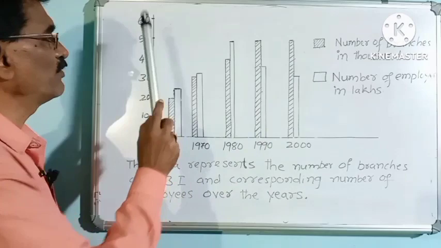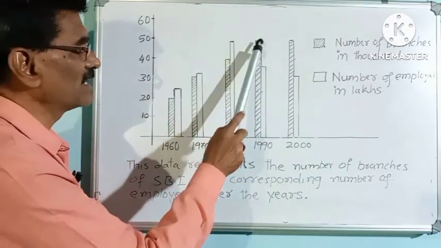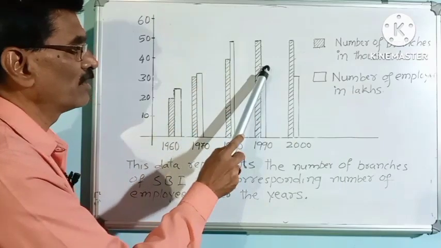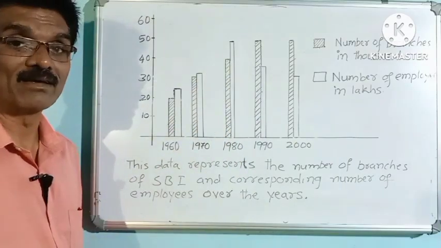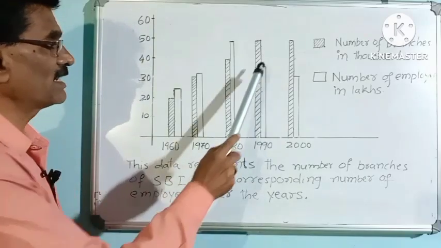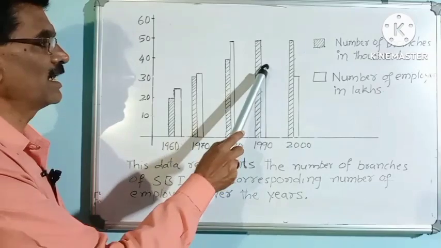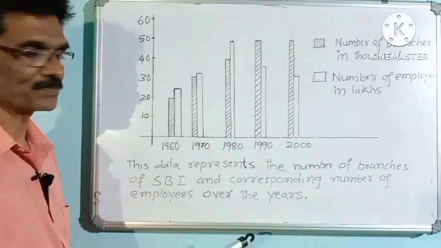It has reached 50,000. But there is a decline in the number of people employed. The employees number has come down to say 38 lakh employees.